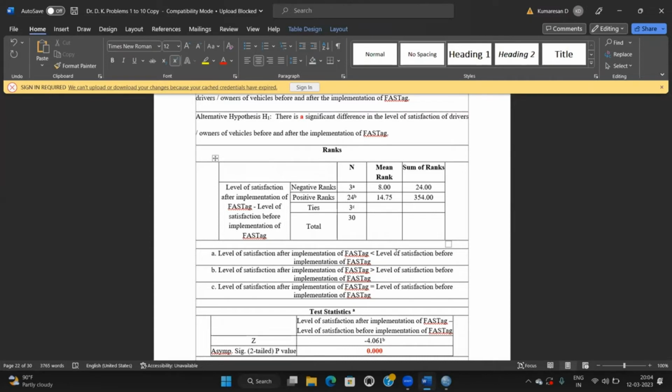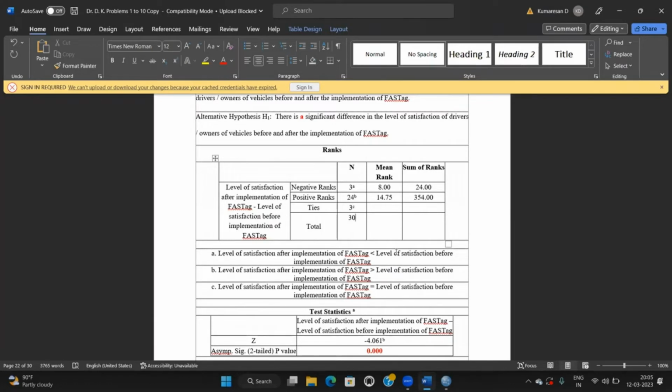That means after implementation, the satisfaction is reduced in the case of 3 drivers. What about positive rank?